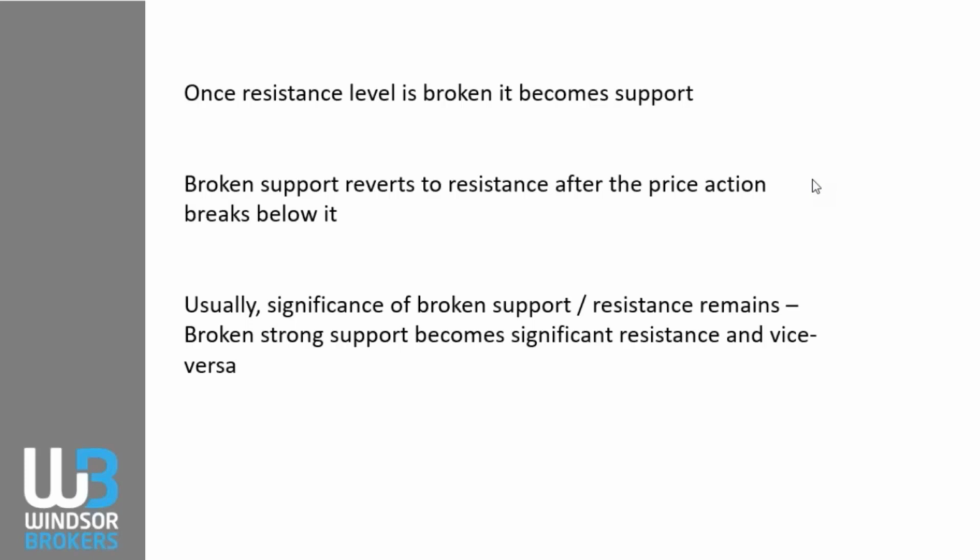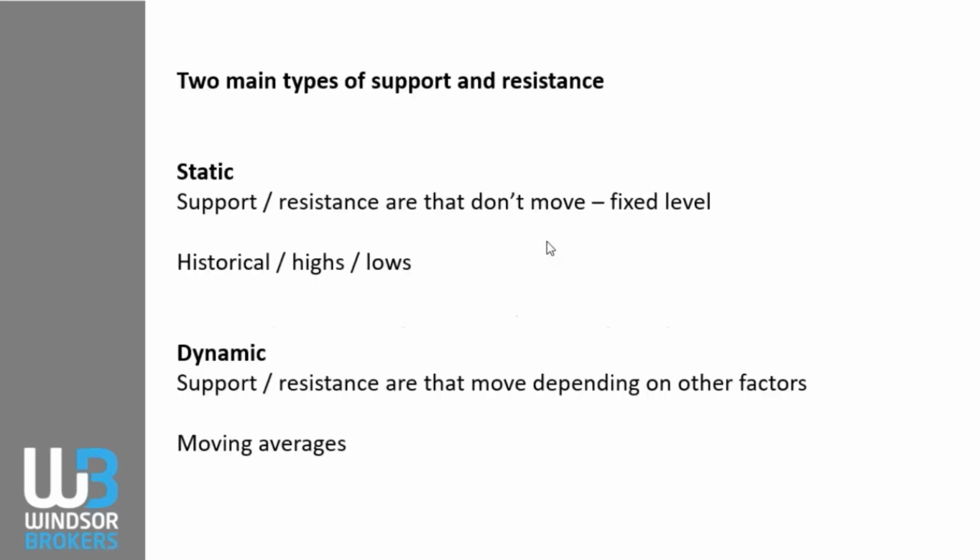So a broken strong resistance will now mark strong support, and we can expect that the market will have difficulties to return back, but would rather continue higher because of the break through significant strong resistance, as we mentioned previously, triggering a number of stop loss orders. So we can expect more likely that the market will continue in the original direction rather than moving to the opposite direction.